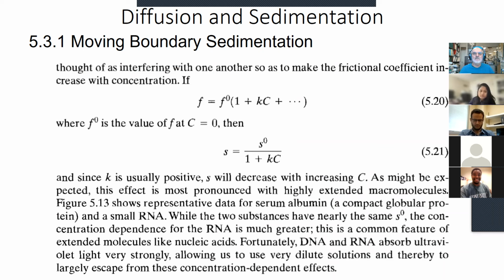So sedimentation velocity is also referred to as moving boundary. And one of the things that comes up, we've spent a lot of time talking about the frictional coefficient and Stokes-Einstein, and turning this into information about shape, assuming spheres.